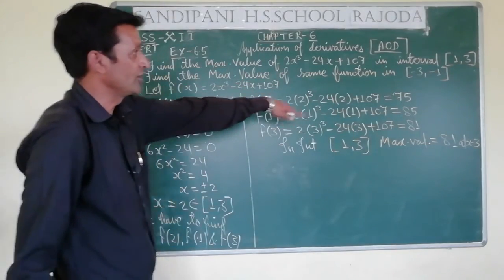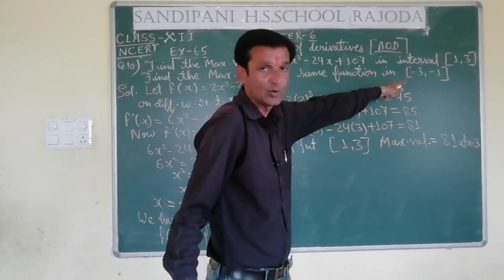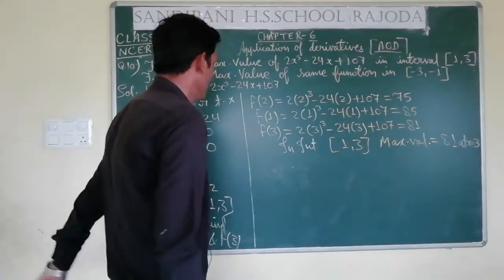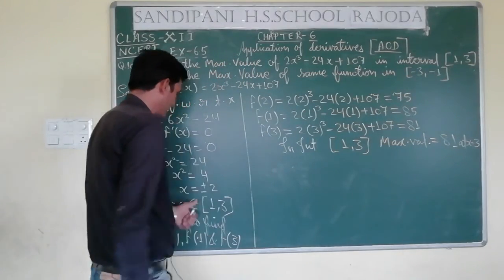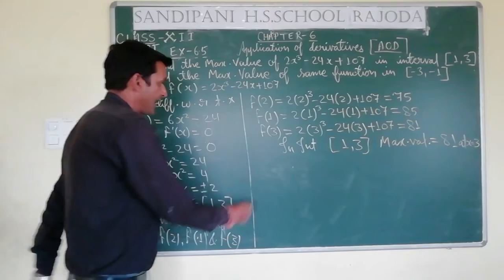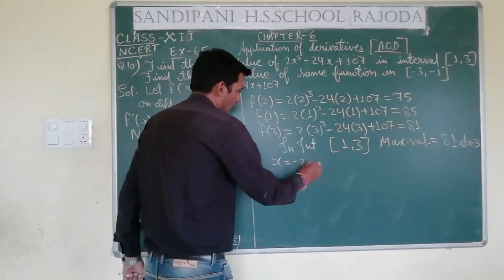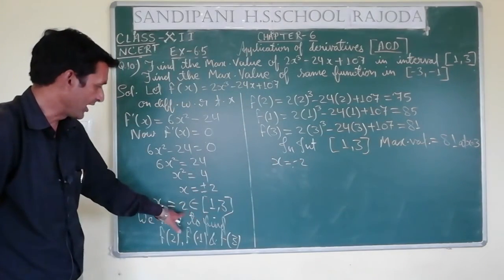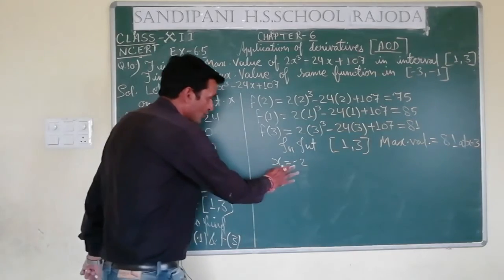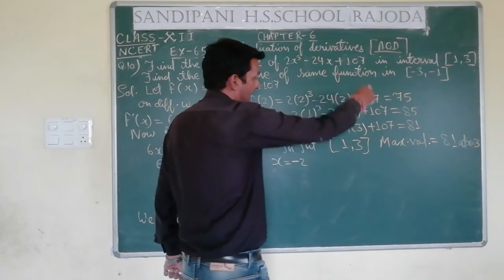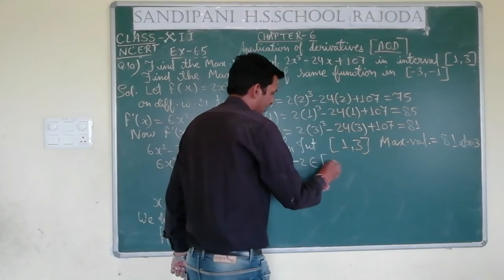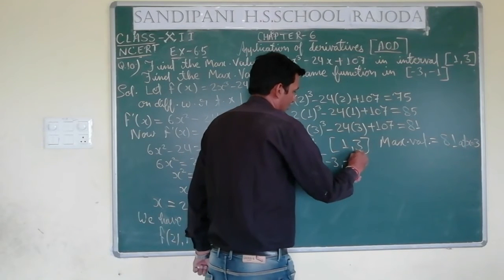Now see, we have to discuss this maximum value here also, between −3 and −1. But here one more thing is there: −2 is also there. x = −2, which we have got here. Plus 2 we have discussed. So this −2 is in between −3 and −1, so it is an element of [−3, −1].